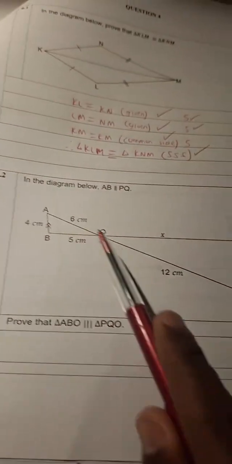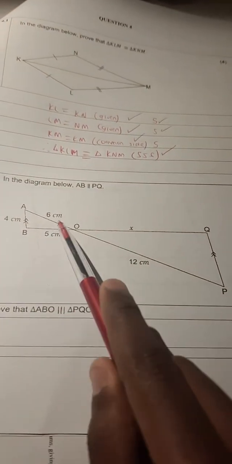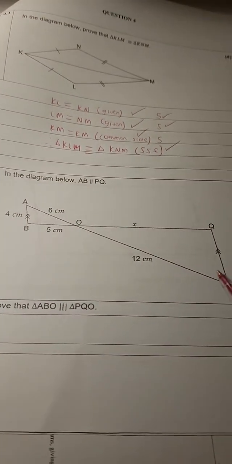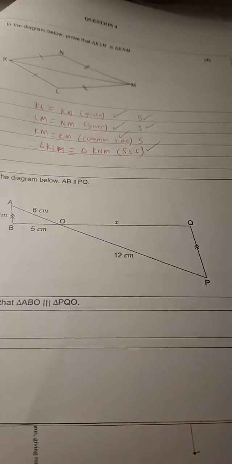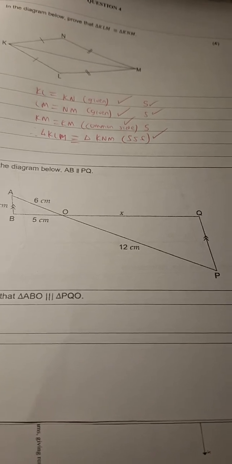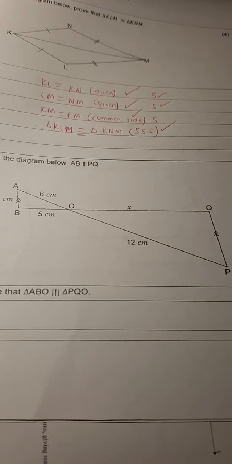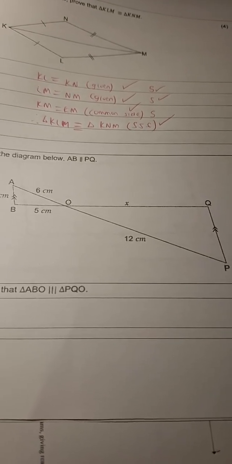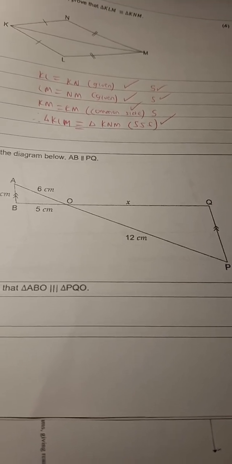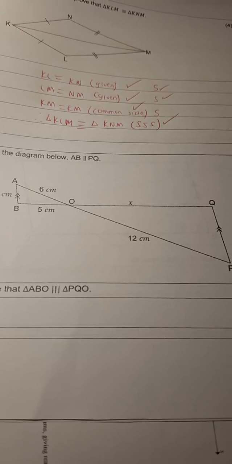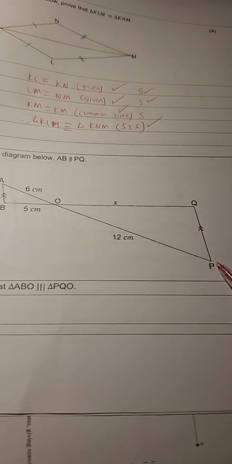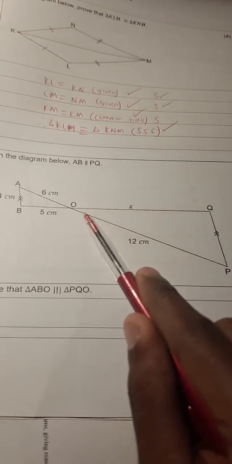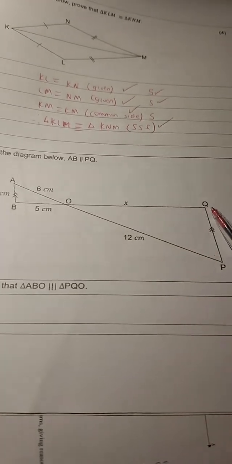Now, what you are seeing here is that you have information for this triangle. All three sides are there. But then this triangle is missing information. So I'm going to say to you, dear grade 9 learner, you cannot use the sides to prove that the triangles are similar because you are missing PQ and you are missing OQ as well.